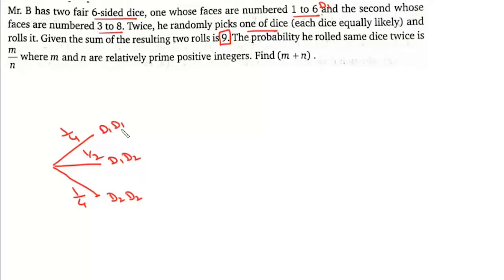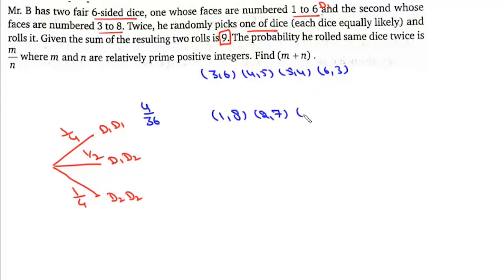Now if he has thrown this regular die both times, then the sum could be 9 if it is 3, 6, 4, 5, 5, 4 and 6, 3. In that case, this probability will be 4 by 36. Now if it is D1, D2, then it could be 1, 8, 2, 7, 3, 6, 4, 5, 5, 4 and 6, 3.